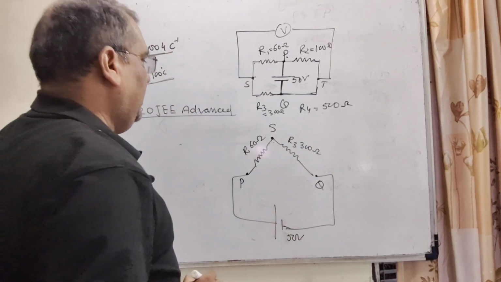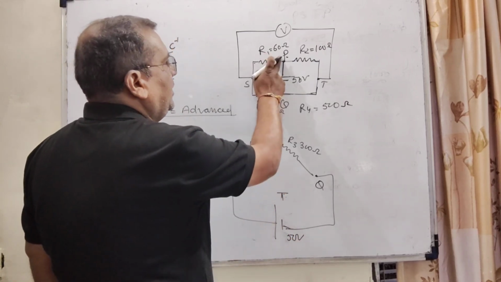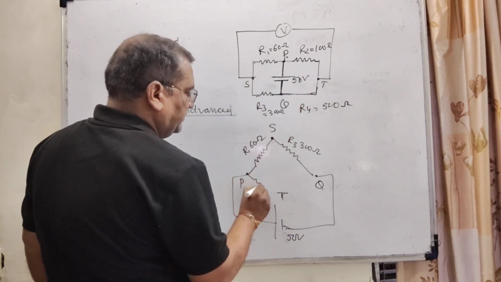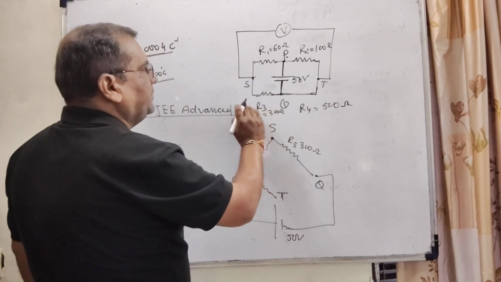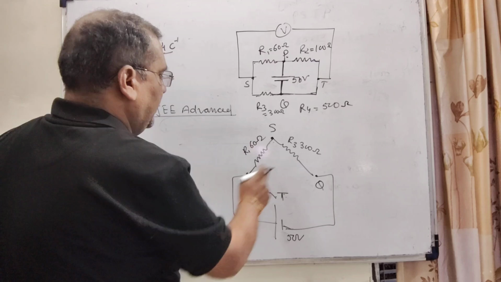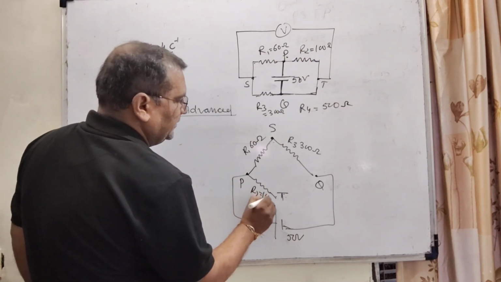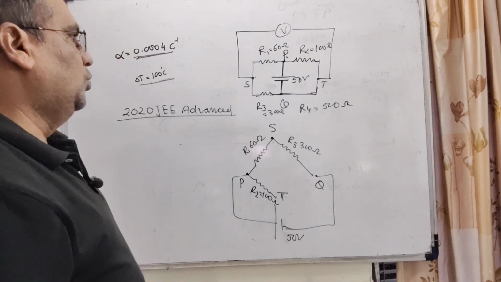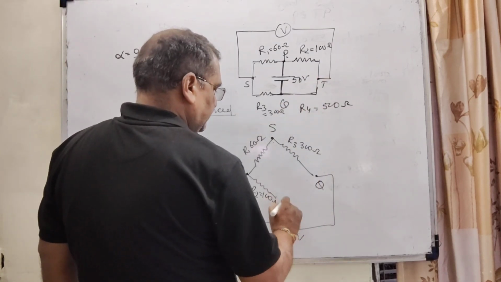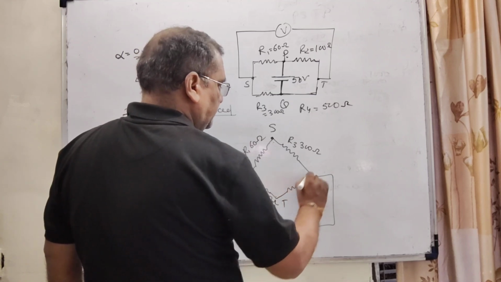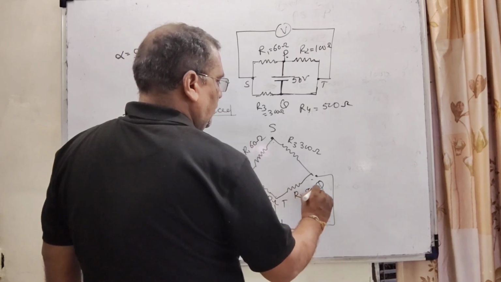Then P to T is R2, that is 100 ohm, and T to Q is R4, that is 500 ohm.